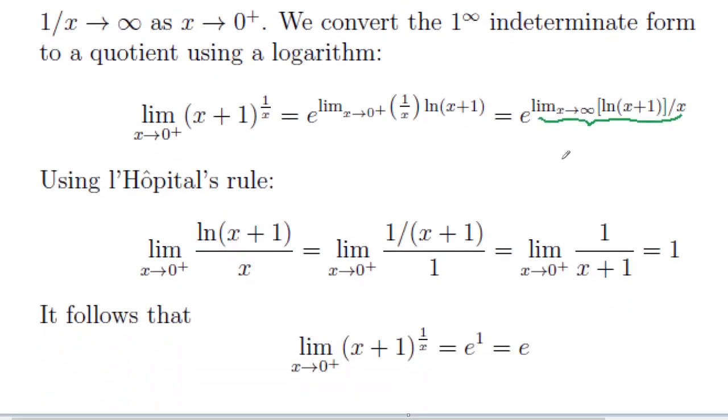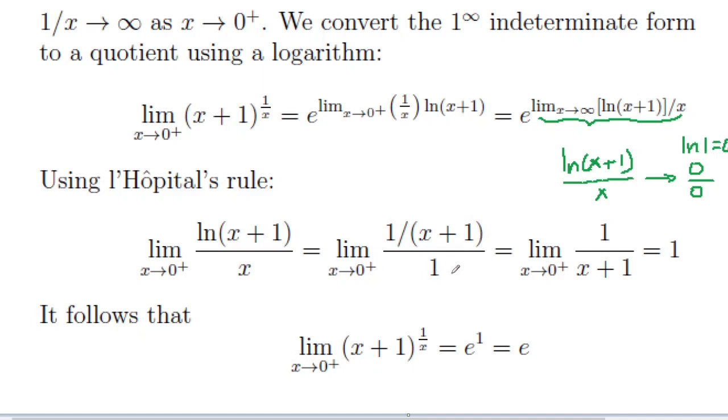Ln of x plus 1 over x as x goes to 0 is something that goes to 0 over 0 because natural log of 1 is 0. And so we apply L'Hopital's rule to this. We get derivative of ln is 1 over x plus 1.